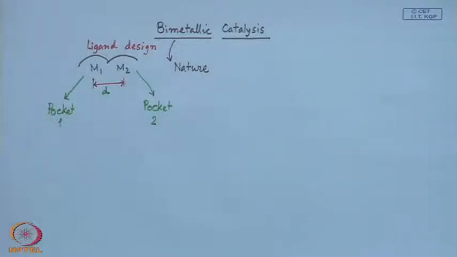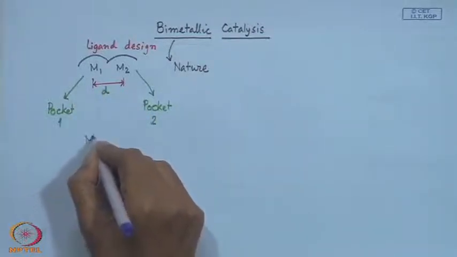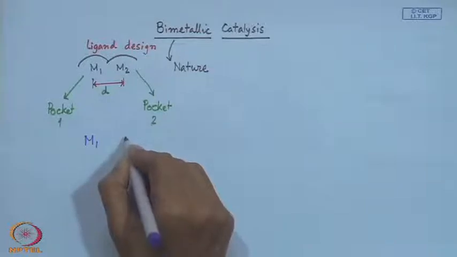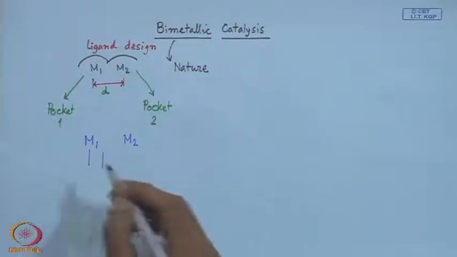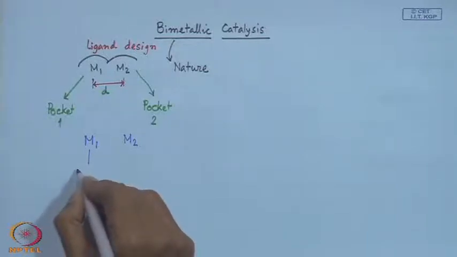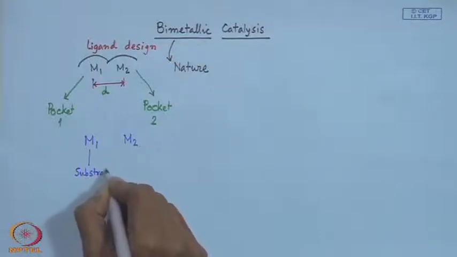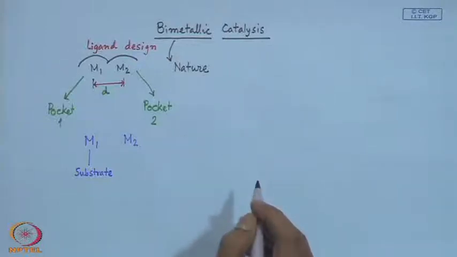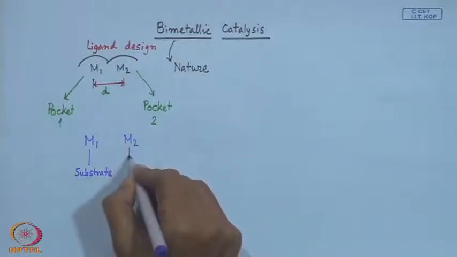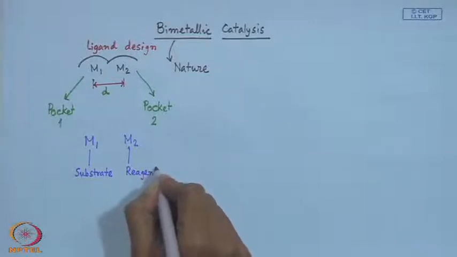because while you go for this particular type of catalysis, we always basically think of one particular site, that means the metal 1 and metal 2. So, this particular site is basically holding your substrate. If we are talking about simple urease activity, urea should go and bind that particular site, and the other site will be your reagent, that means the nucleophile.